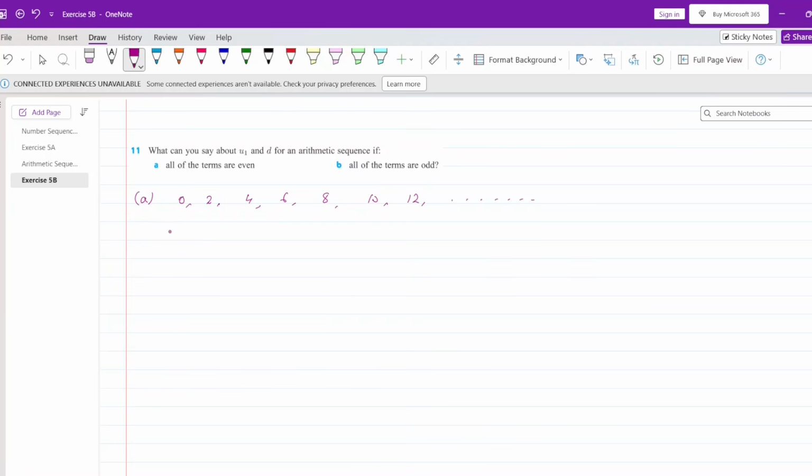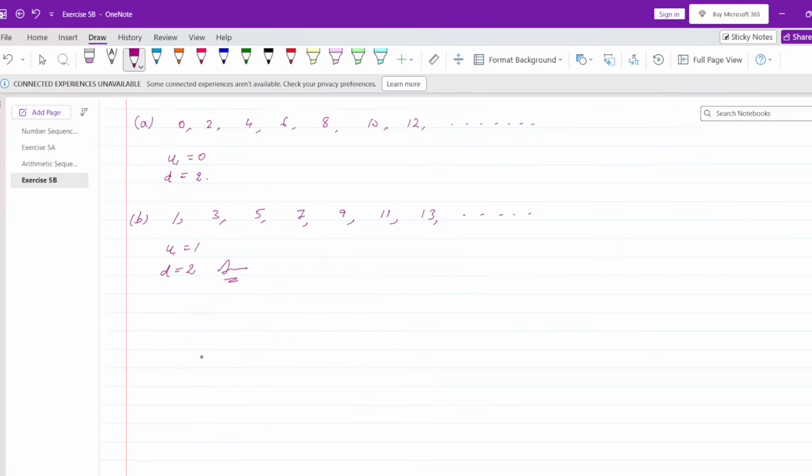So what we can say is u1 is 0 and d is 2. Similarly, all of the terms are odd. So if all of the terms are odd, the sequence is going to be 1, 3, 5, 7, 9, 11, 13, and so on. And in this case, u1 is going to be 1 and d is going to be 2. That's the answer.